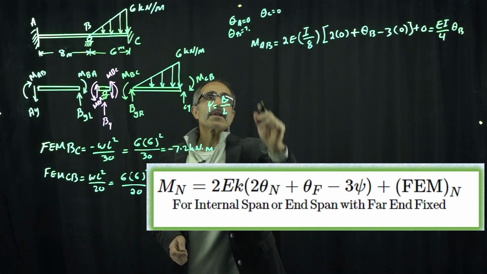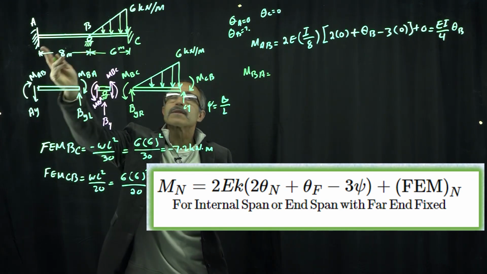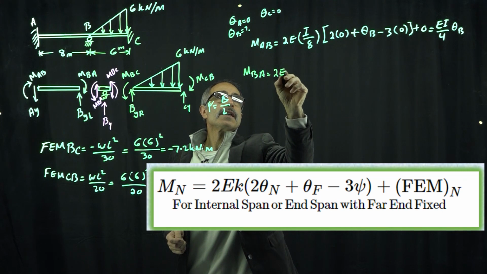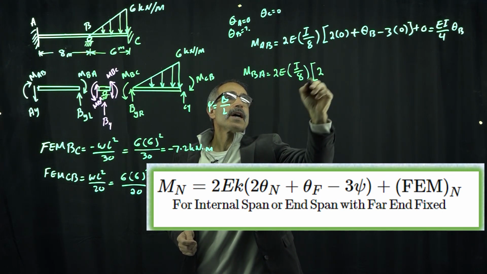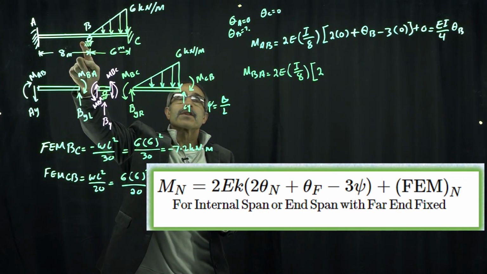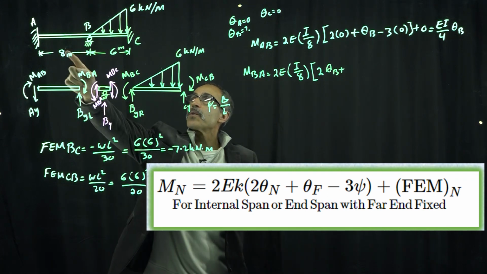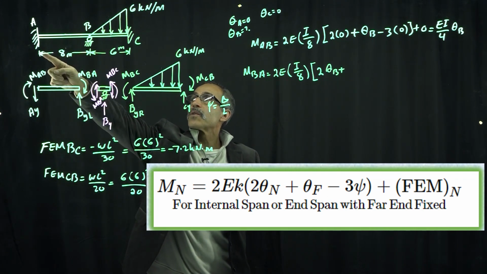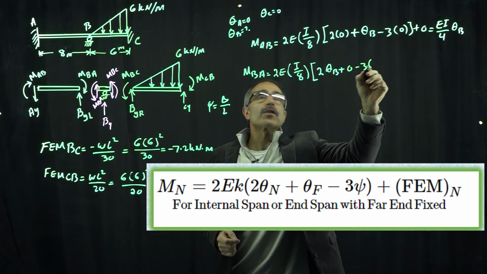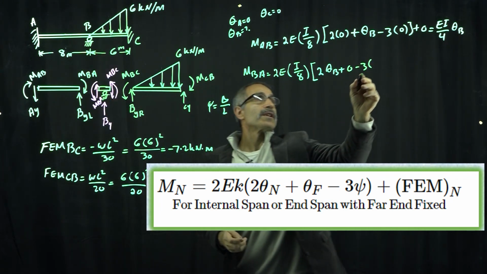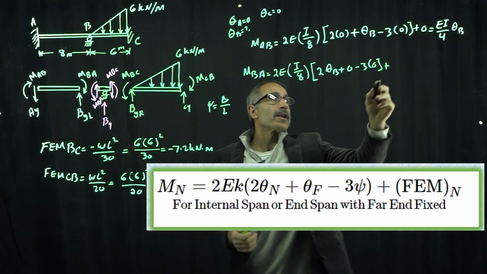So that was MAB. Let's do MBA, going from this end. We're going to have 2EI divided by 8 multiplied by 2 times theta near, which is going to be theta B. So 2 times theta B plus theta far away, which is theta A, which is 0, minus 3 times 0 because deflection is 0 over here, and plus 0 because there's no fixed end moment on this end.